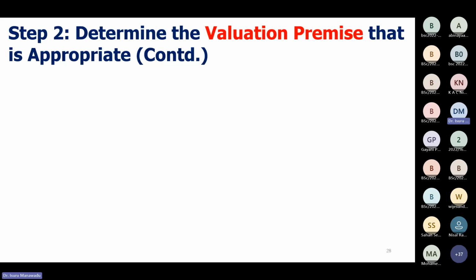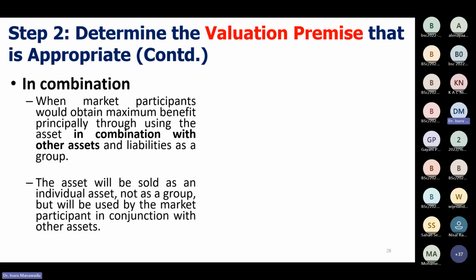Now we'll talk about valuation premise that is appropriate. Look at this. In combination, when market participants would obtain maximum benefit, principally through using the asset in combination with other assets and liabilities as a group.